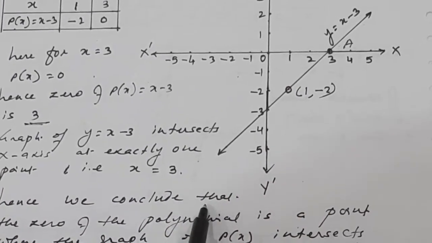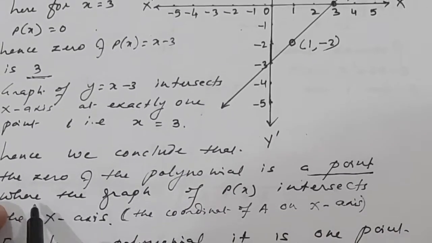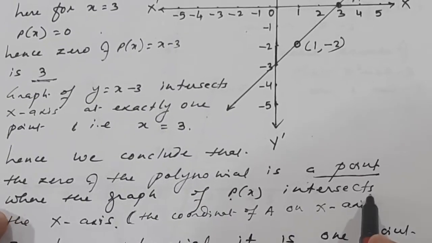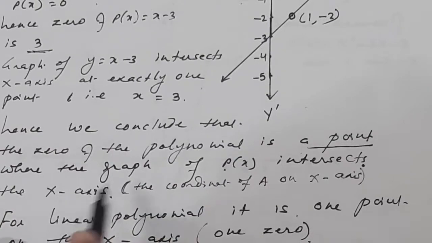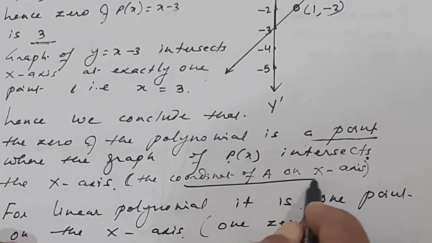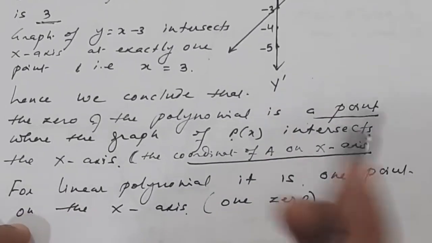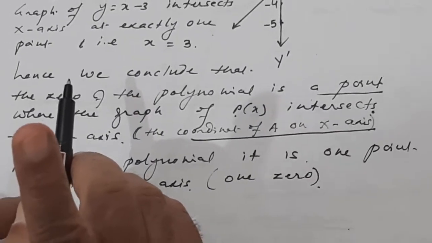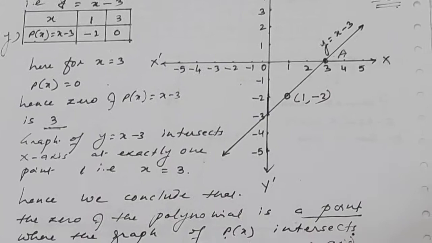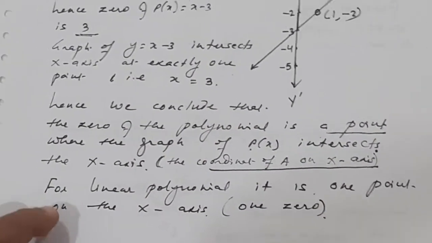Hence we conclude that the 0 of the polynomial is a point where the graph of p of x intersects the x-axis, not the y-axis, the x-axis. That is, the coordinate of a point on the x-axis will be your 0. Remember that a linear polynomial will have only one 0, because it will intersect the x-axis at one point only. So this is the example of a linear polynomial.